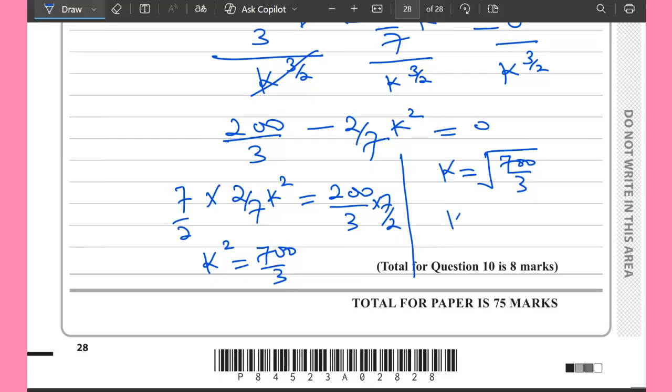Remember this can be simplified as 10 root 21 everything over 3. And this is your final solution for question 10.